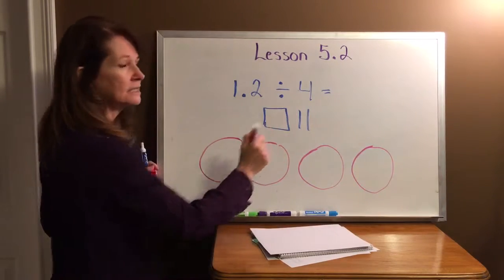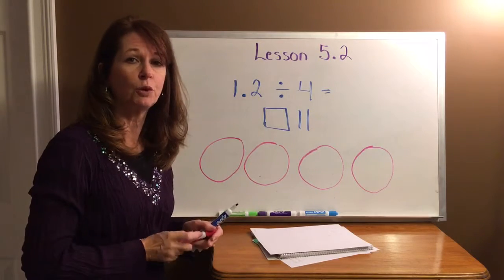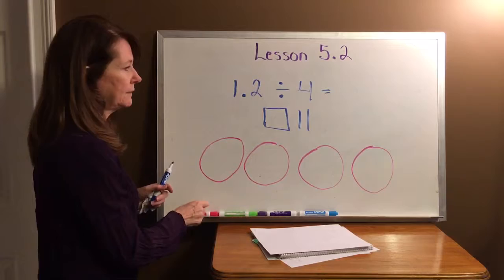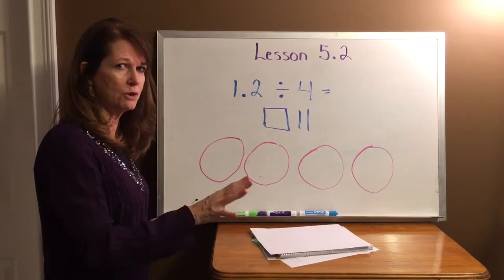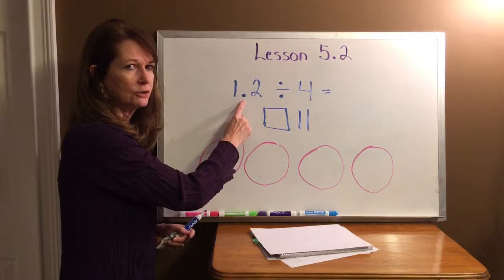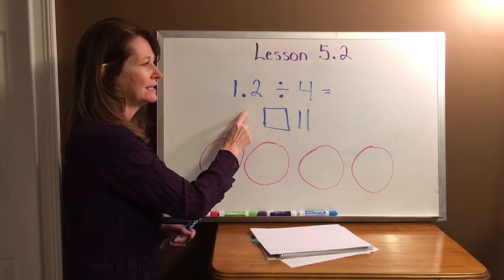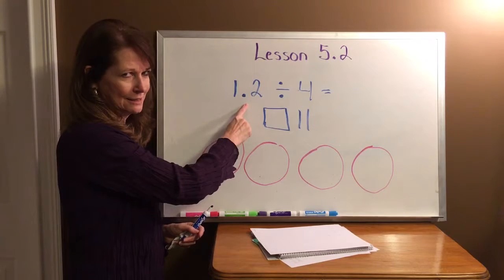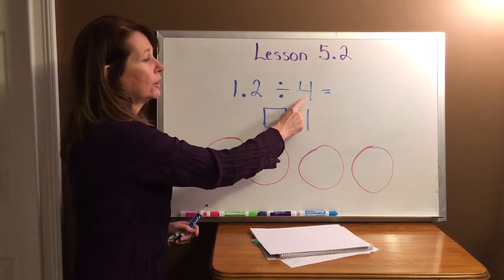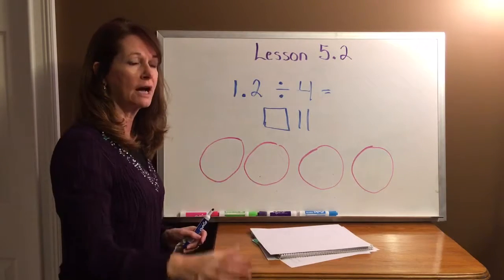I'm going to have to take this and regroup and separate it into these 4 groups equally. All right, you're with me, right? Do you see what we're doing? 1 and 2/10 is our dividend. 4, the whole number 4, the number of groups we have, that's our divisor.